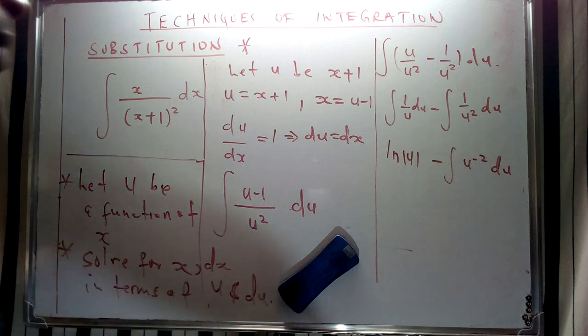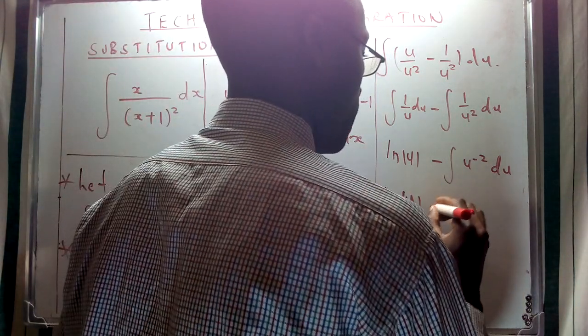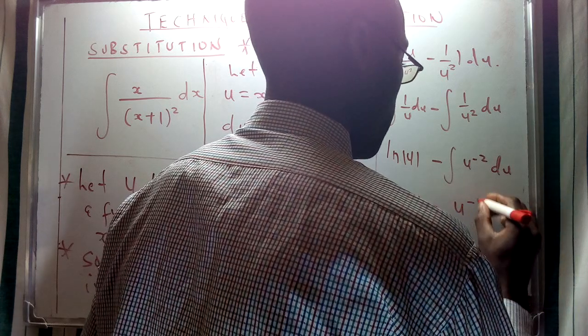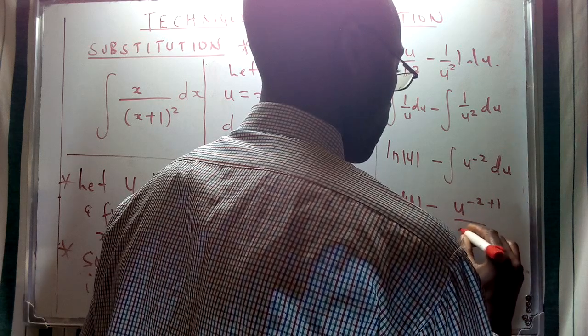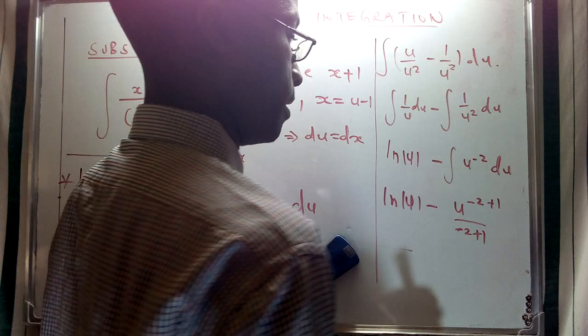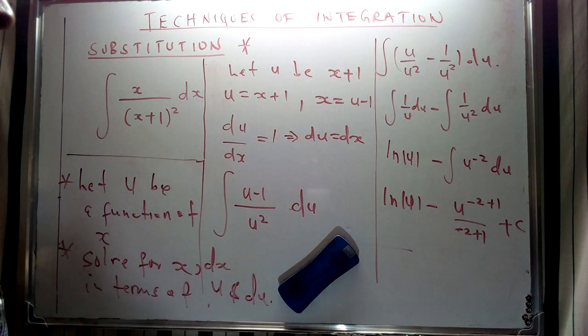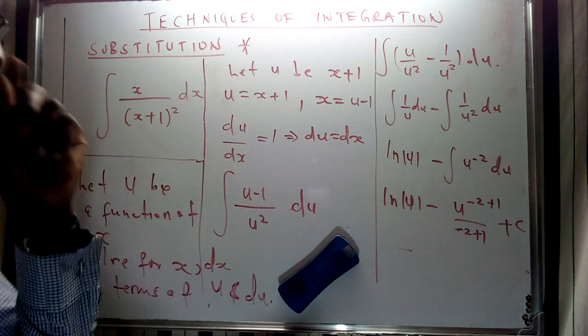So we have the natural log of u minus u to the minus 2 plus 1 over minus 2 plus 1, and then plus c, which of course we said is an independent constant, not dependent on the variable u or x, as we said in our first case.